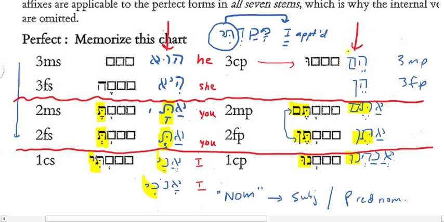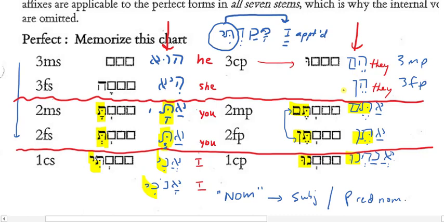In other words, if I want to use the pronoun they, I have to choose either the masculine or the feminine form. And my basic form is hem if it's masculine, they, and hen if it's feminine, they. Notice that these are identical to each other except for the mem versus the nun.